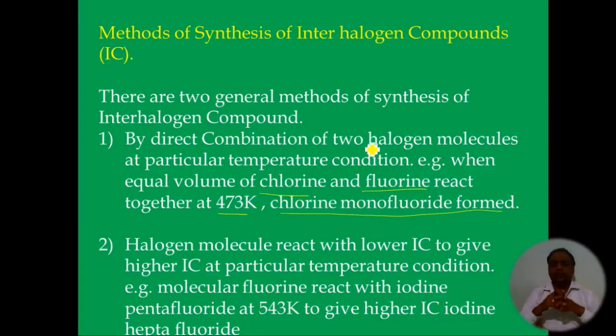Okay, and another method is when a halogen molecule reacts with a lower interhalogen compound, it gives a higher interhalogen compound. And every interhalogen compound has to be heated at a particular temperature. For example, molecular fluorine when reacting with iodine pentafluoride at 543 Kelvin gives a higher interhalogen compound, that is iodine heptafluoride.